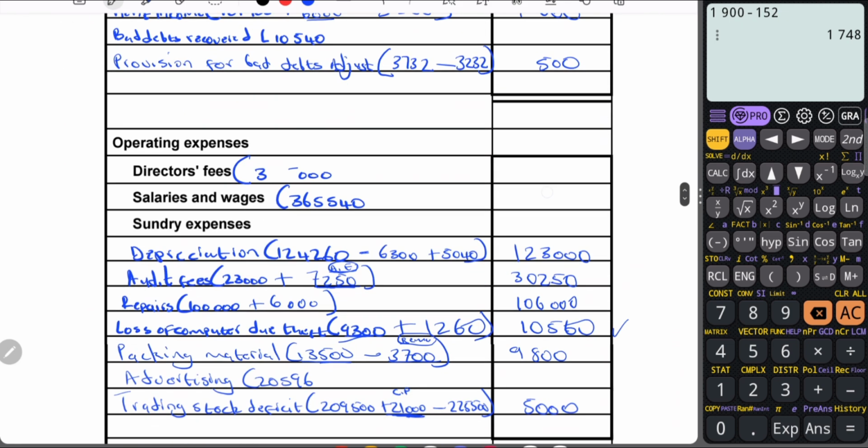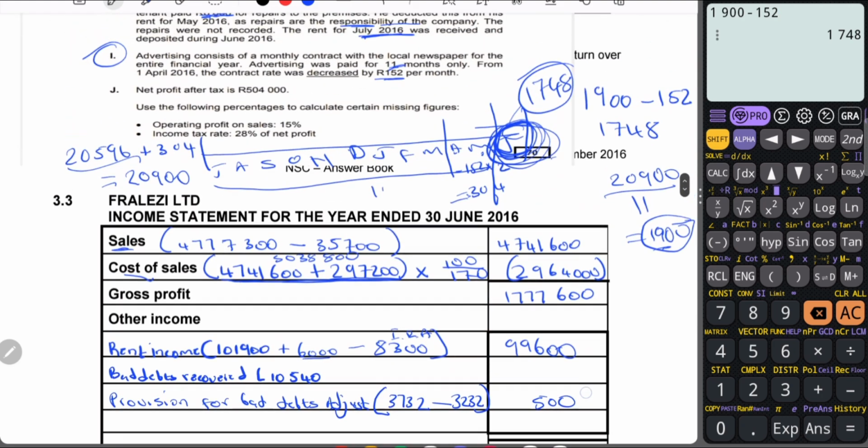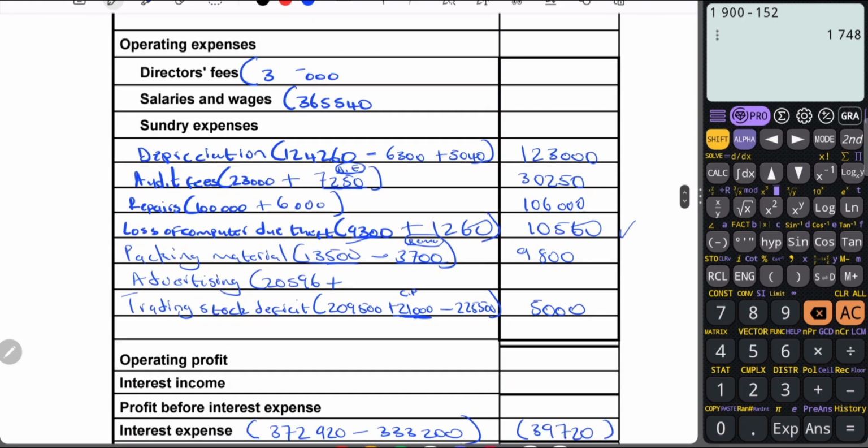Then you go back now to your other operating expenses. You're going to add now the advertisement for June, which is how much now? 1,748. And remember, because we added it here, it must go to trade and other payables as what now?